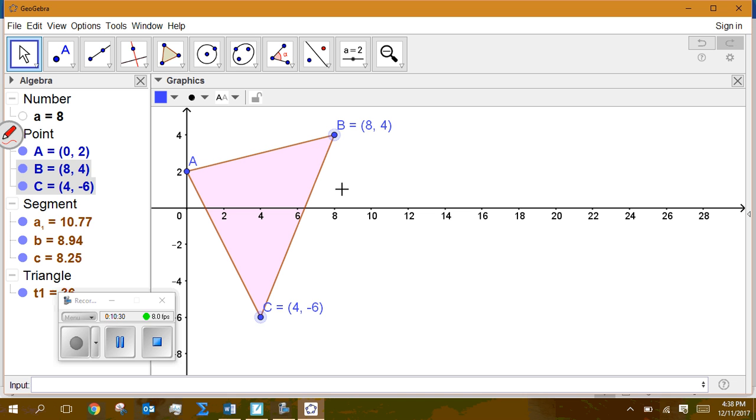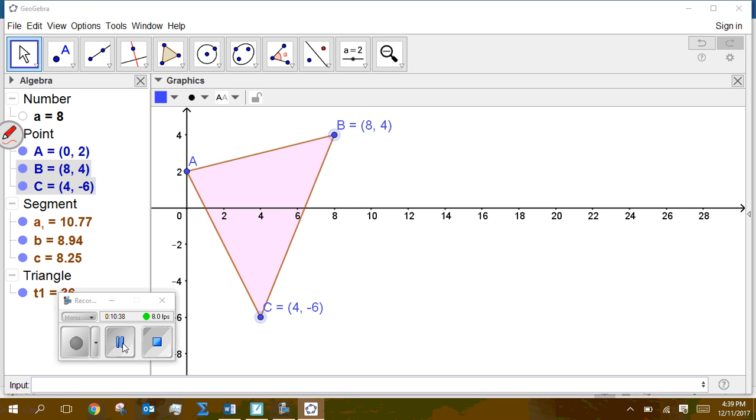Now all I have to do is find the slope between B and C. So I'm going to go 4 minus -6, and then 8 minus 4. So there's the slope of B to C, which is 10 over 4, which reduces to 5 over 2.